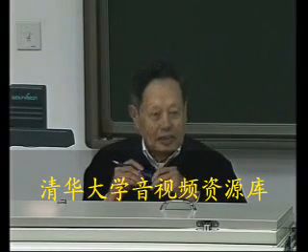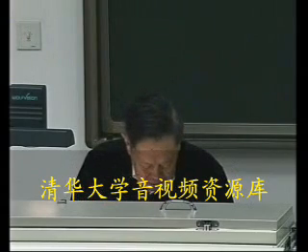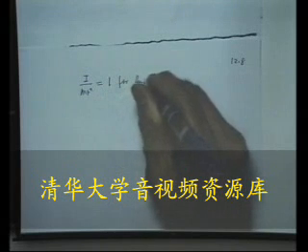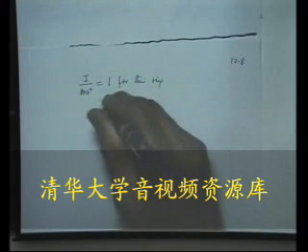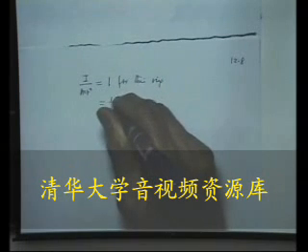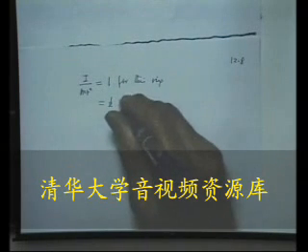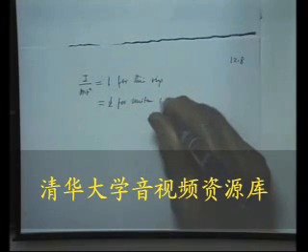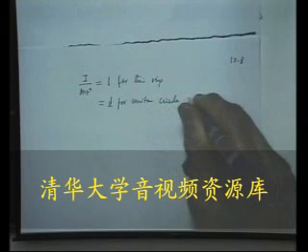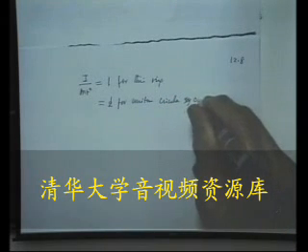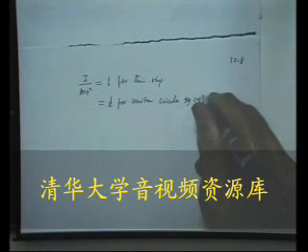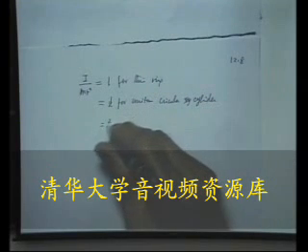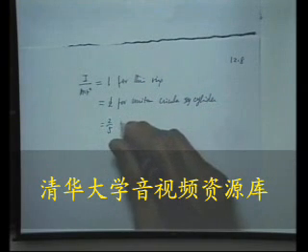So therefore, it's equal to 1 for a thin ring. It's equal to 1/2 for a uniform circular cylinder. And it's equal to 2/5 for a uniform sphere.